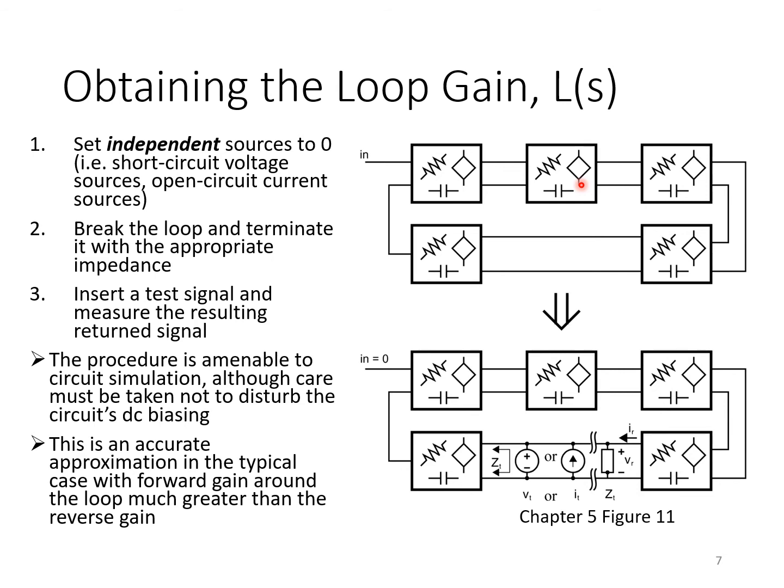And since transistors, for example, are very nonlinear, really all of this only applies to the small signal circuit, the equivalent small signal circuit. So if we're doing this in simulation, we are going to be breaking a loop, and so we have to make sure that any transistors in the circuit are still biased at the same operating point that they would be if the loop were closed. That way the linearized small signal equivalent circuit stays the same when we're finding L.